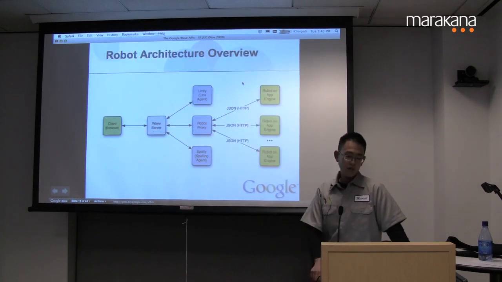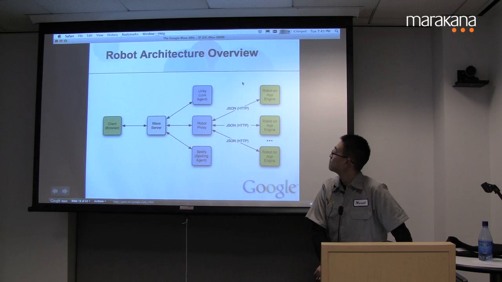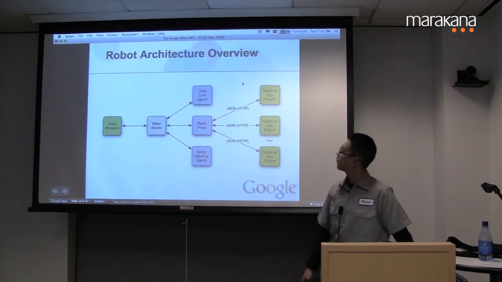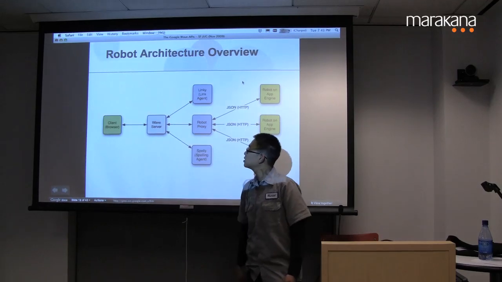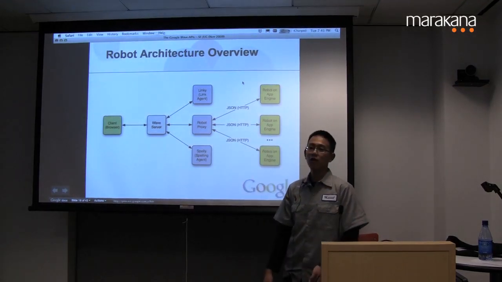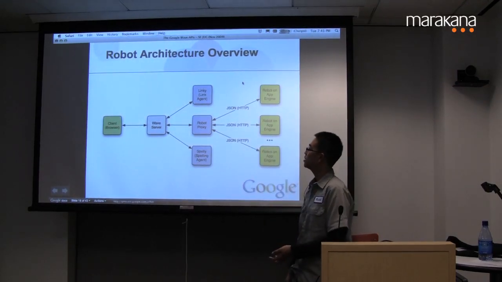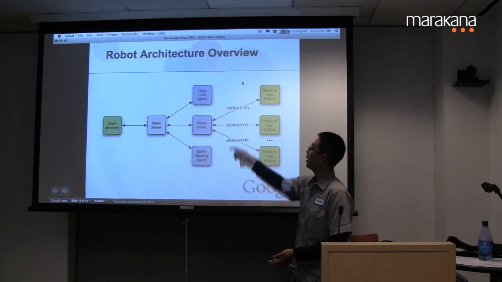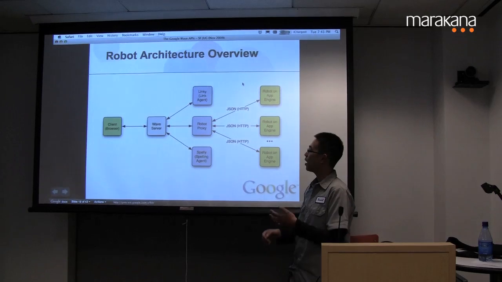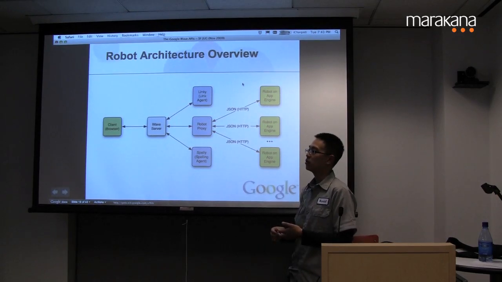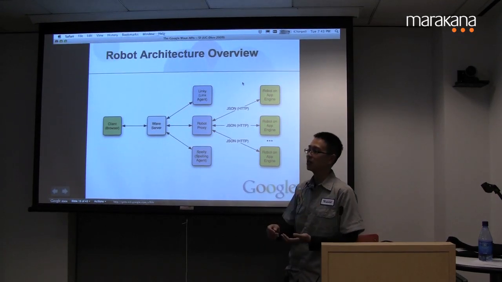So this is the overall architecture of robots. For Google Wave, the core server is the Wave server. That's basically responsible for receiving operations from clients or agents, and also applying those operations and broadcasting them to all agents or clients that are listening.